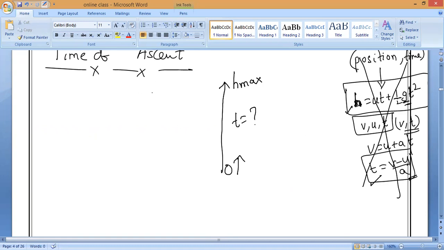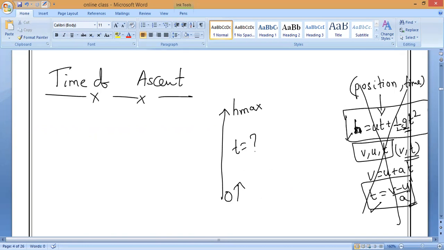What is the time of ascent? The definition: time taken by the body thrown up to reach maximum height is called time of ascent. Please write it, everybody.